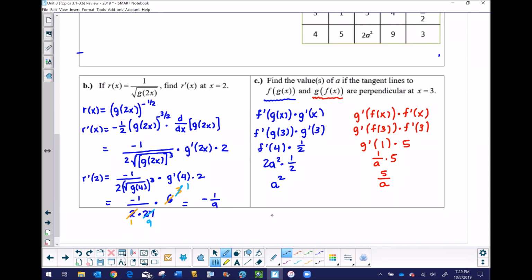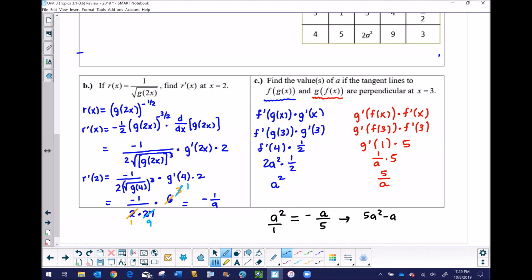If you want, you can take one of the slopes, like a squared, and set it equal to, well, not the 5 over a, because that would be slopes that are parallel. But if you take the opposite reciprocal of the 5 over a, that's an a, then you arrive at what's called a proportion, that you can just cross multiply, get 5a squared minus a, right?